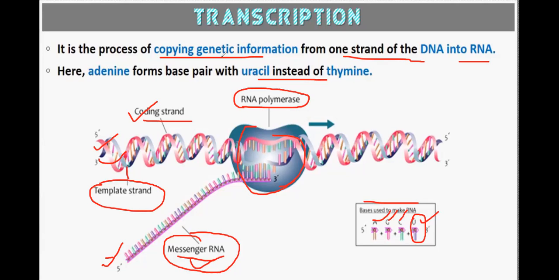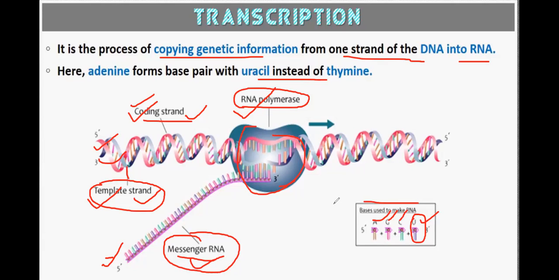So we come to know that transcription is the process by which genetic information is transferred from DNA into RNA. DNA is a double helix, and in this helix there are two strands. One strand is known as the coding strand and the second is known as the template strand. A new messenger RNA is produced from the template strand, not from the coding strand. A very important enzyme which plays an important role during transcription is RNA polymerase.